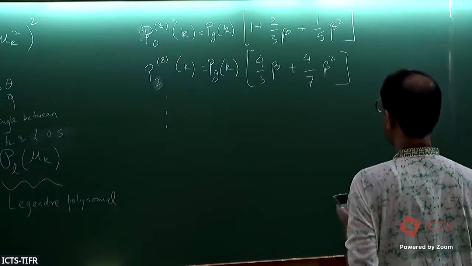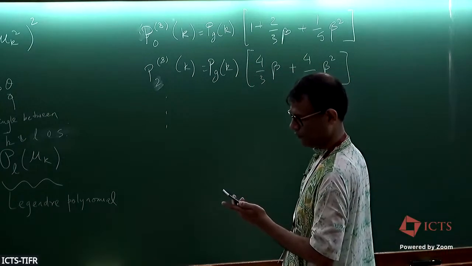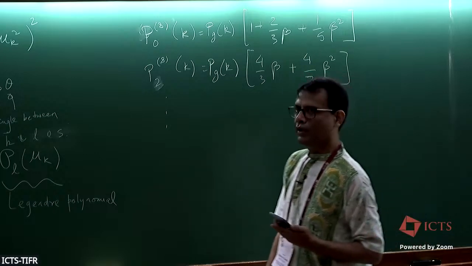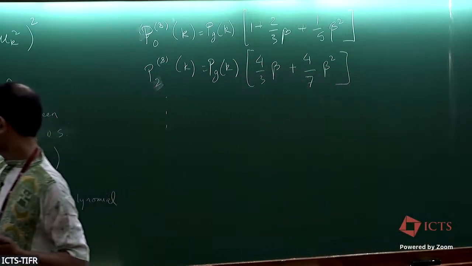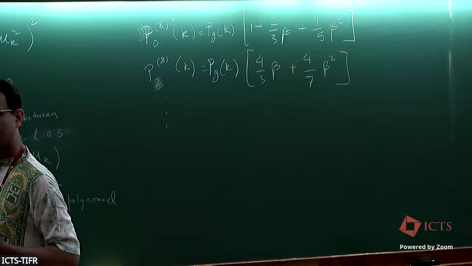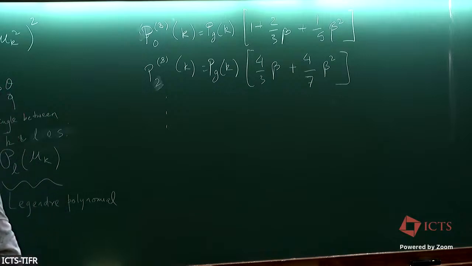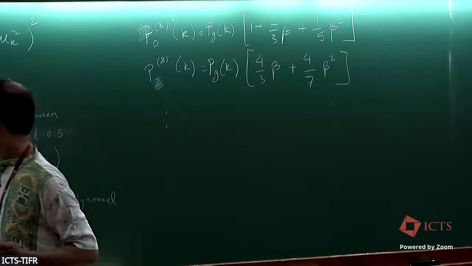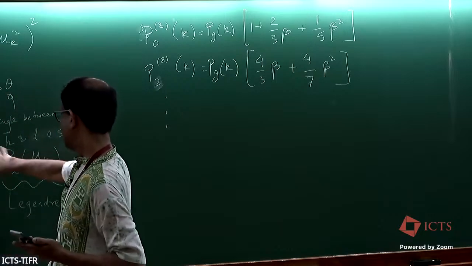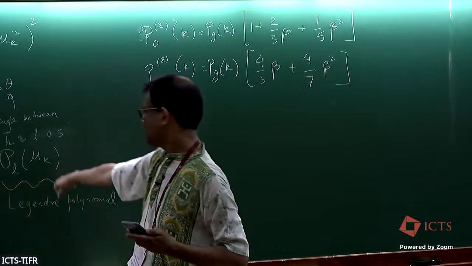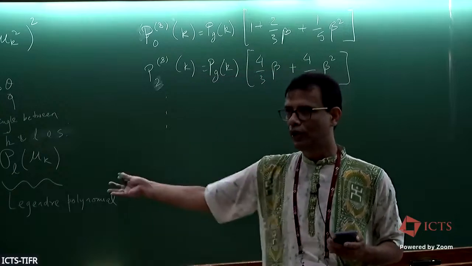But what I'm trying to say is, suppose this is observable, right? This is observed. You can calculate this from observations. You have to just either expand it and look at appropriate powers of mu, or do appropriate integrals.